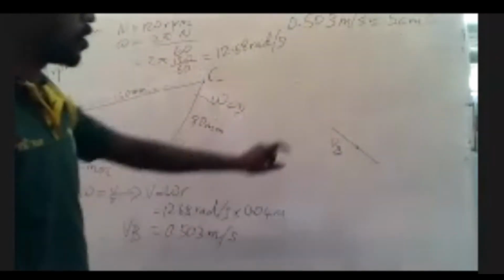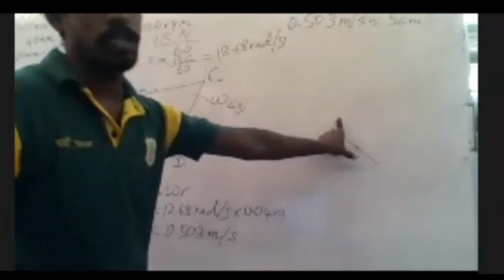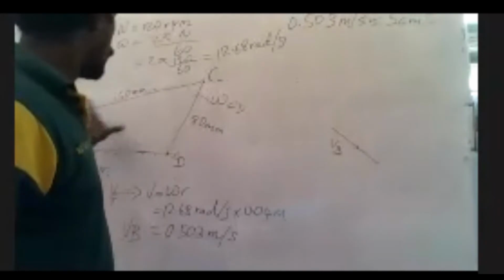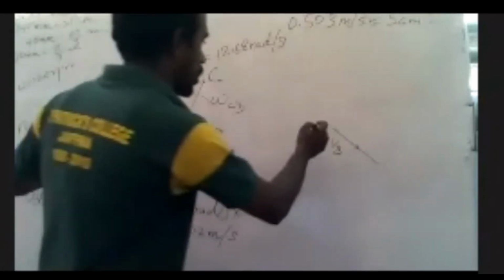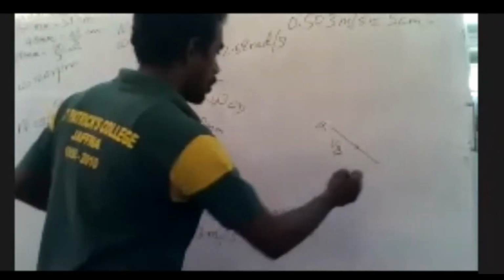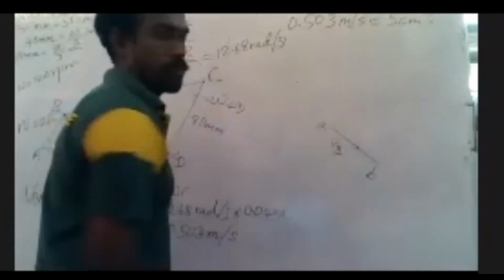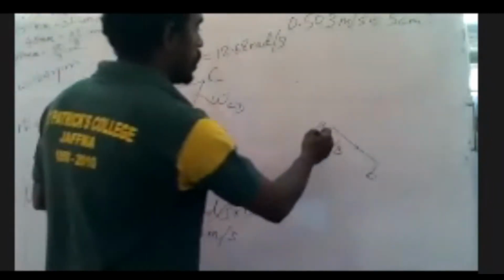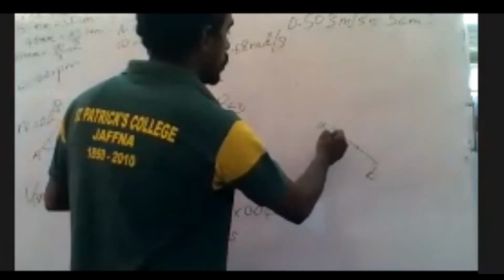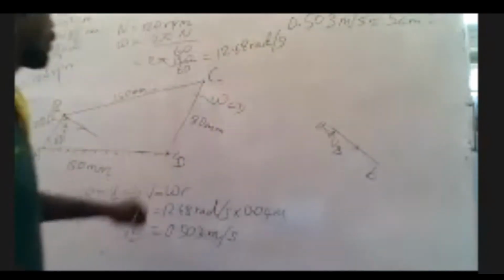I move this here, and it should be parallel to this. A is a fixed point, and B is going to be the same point.